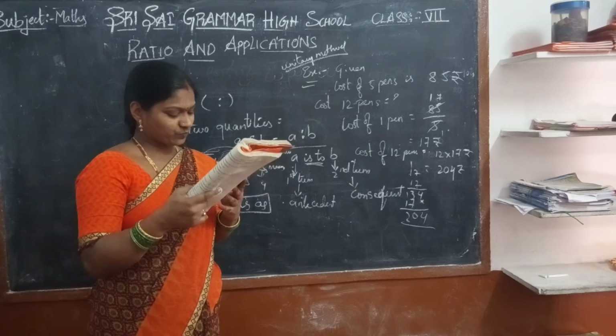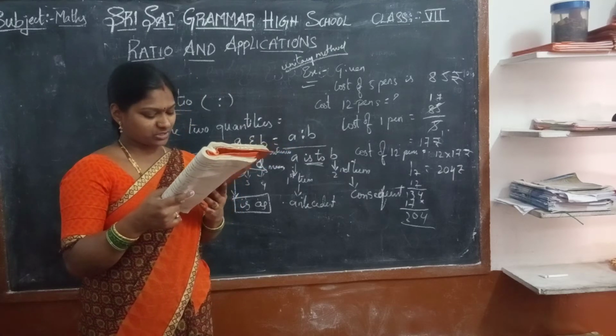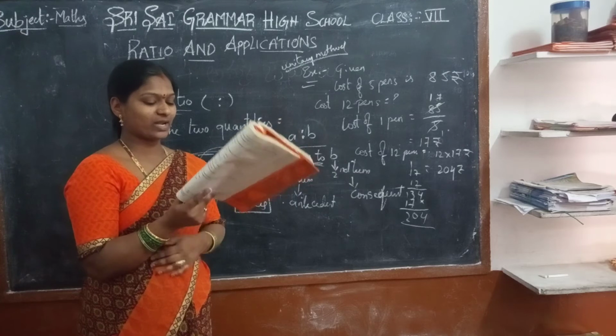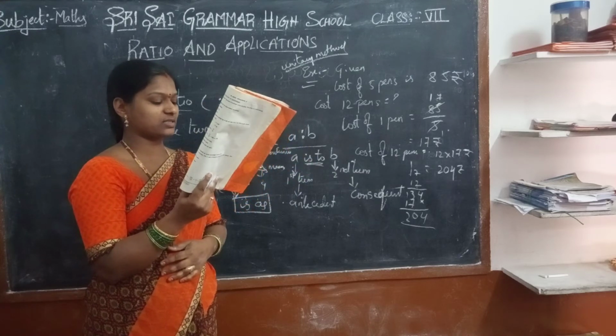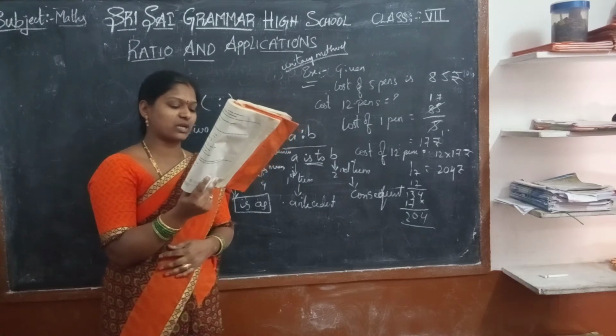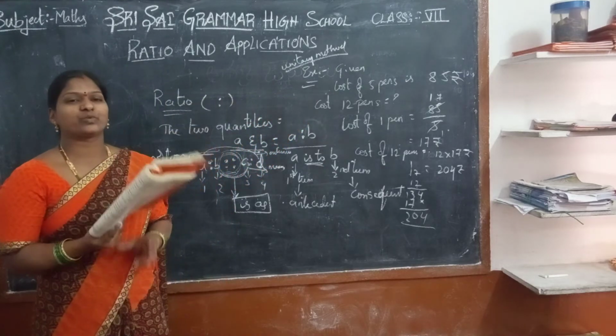Now, direct proportion. If in two quantities, when one quantity increases, the other also increases or vice versa, then the two quantities are said to be in direct proportion. What is direct proportion?